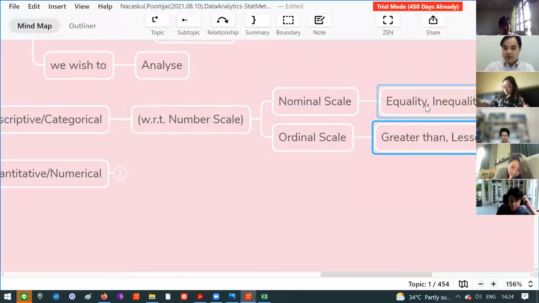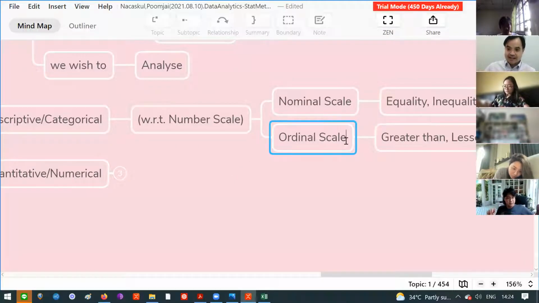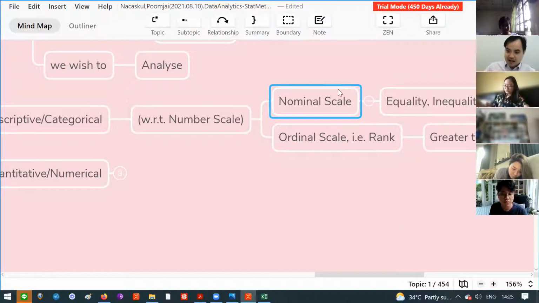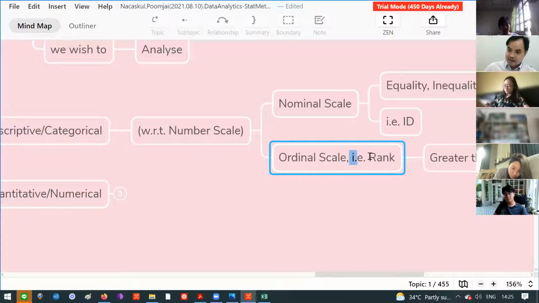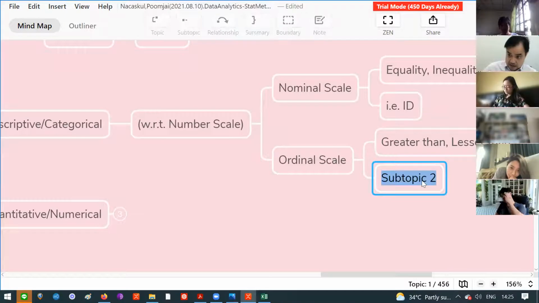What else can you think about greater than, less than? Yeah, you're familiar with that, right?